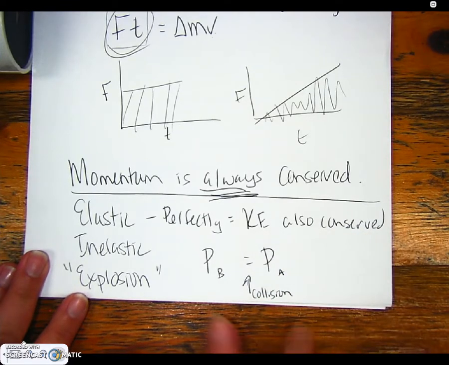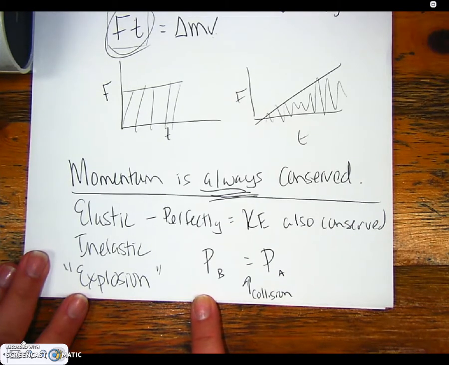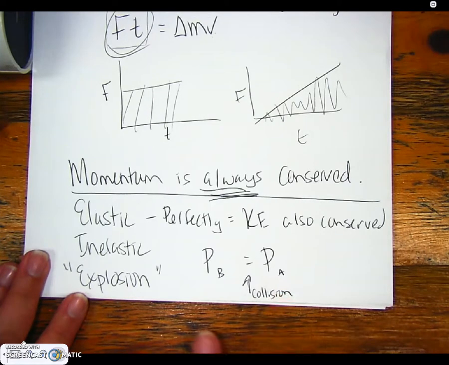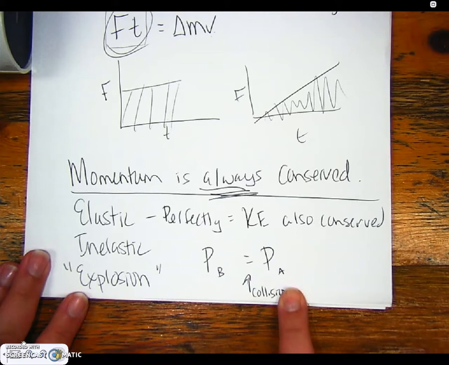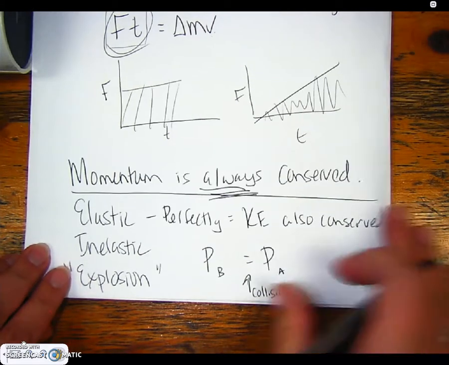So before, you might have more than one object within the system that has momentum, and then after, you might have only one object. Or maybe you have only one object at first that has momentum, and then after you have two objects that have momentum. Or maybe you have two objects and two objects. It doesn't really matter. Every single time you do this, it's going to be the same kind of scenario.